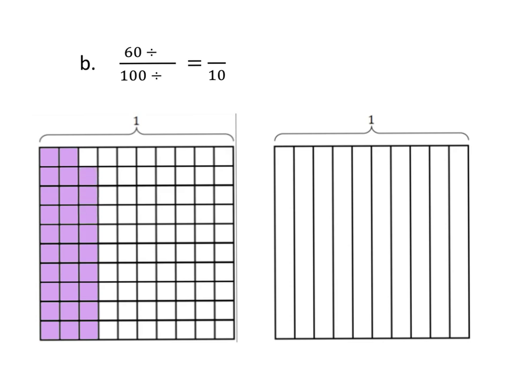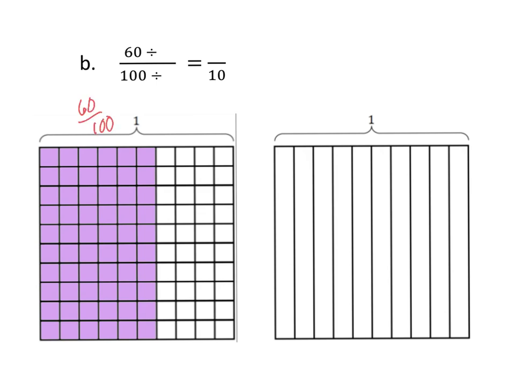Now we're showing 30. Going on to 40. And our last one. And that's going to be our 60. So this is showing 60 hundredths.